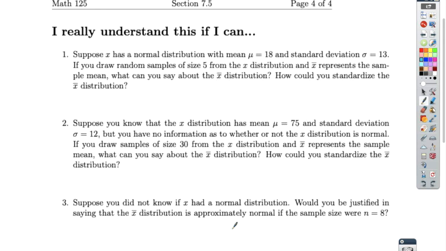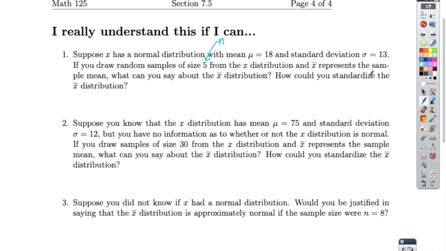The first one says, suppose X has a normal distribution with mean mu equals 18 and standard deviation 13. If you draw random samples of size 5, there's n, from the X distribution, and X bar represents the sample mean, what can you say about the X bar distribution?